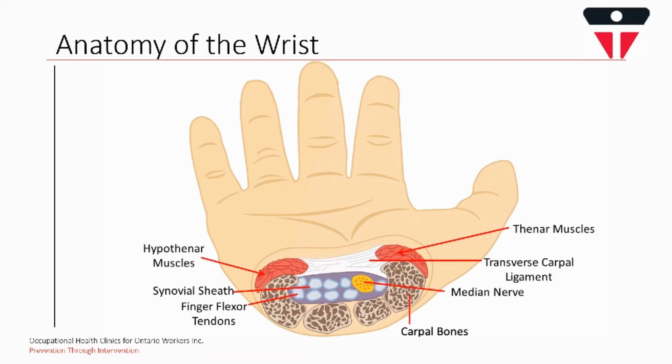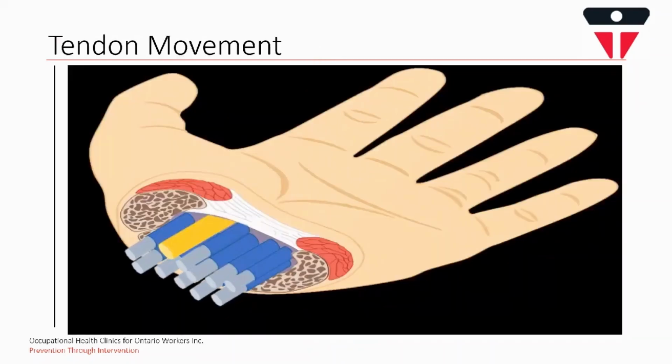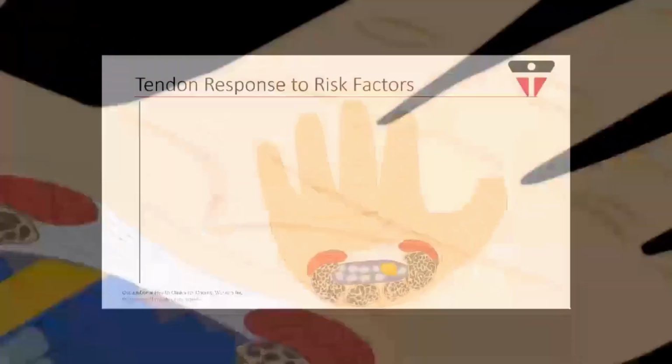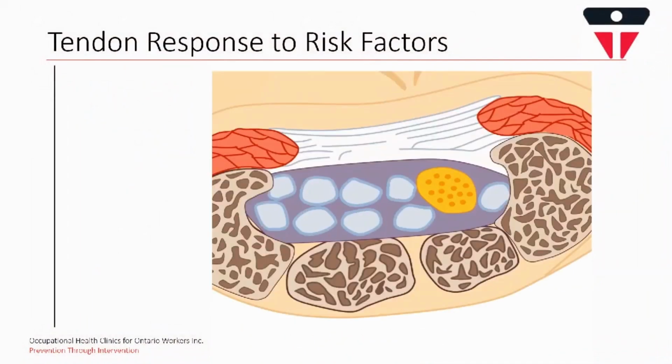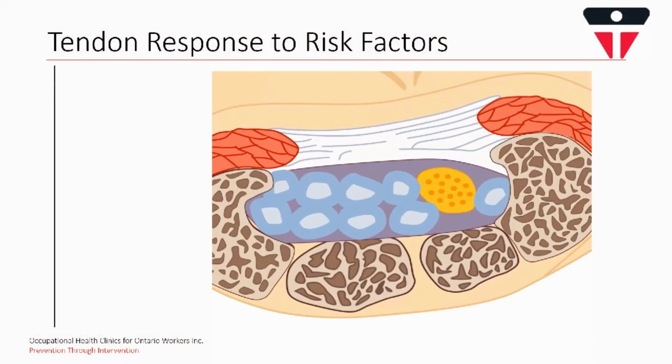Now, the finger flexor tendons slide within the synovial sheath. The role of the sheath is to reduce friction and irritation of the tendons by secreting a fluid called synovium. Both occupational and non-occupational risk factors can cause an irritation response within the tendons that causes the synovial sheath to secrete synovium.